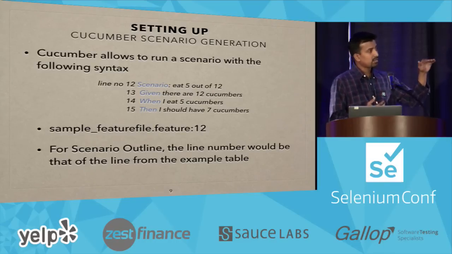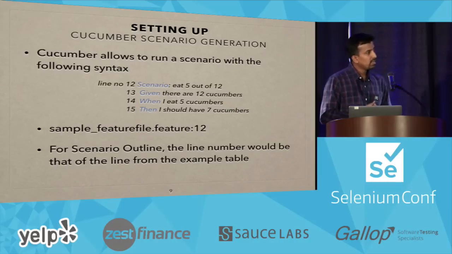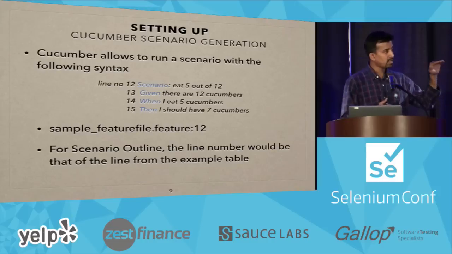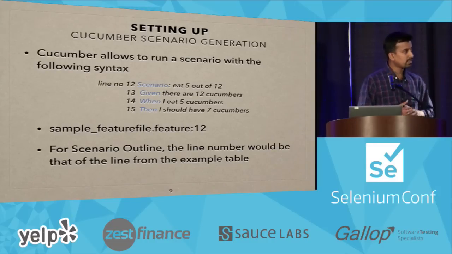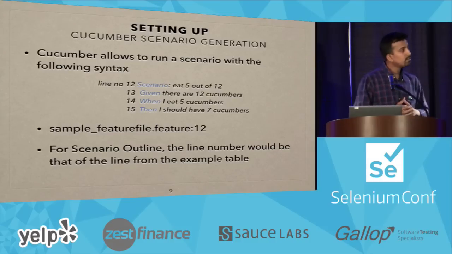And every scenario starts at a line number and has a certain syntax, called Gherkin syntax. Cucumber allows you to run one particular case just by using the line number. So you can say, the feature file .feature:12, that's the starting line of that particular test case, and Cucumber will just run that scenario.